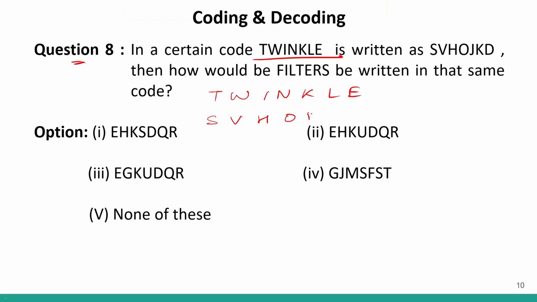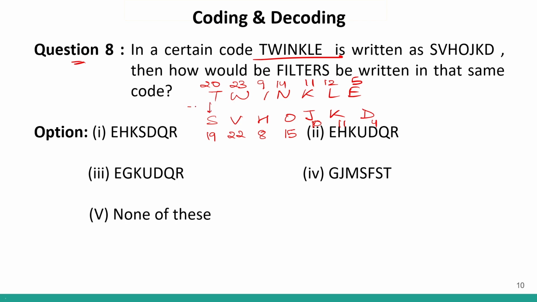S-V-H-O, J, K and D. So if I give them forward ranks, it will be 20, 23, 9, 14, 11, 12 and 5. And if I give forward ranks over here, it will be 19, 22, 8, O is 15, J is 10, K is 11 and D is 4.